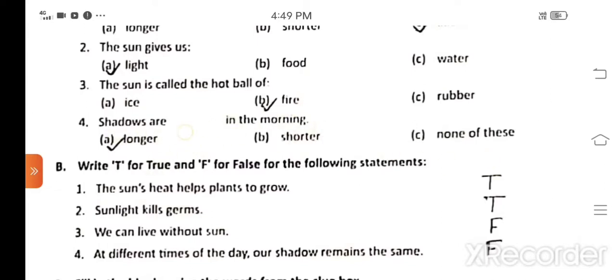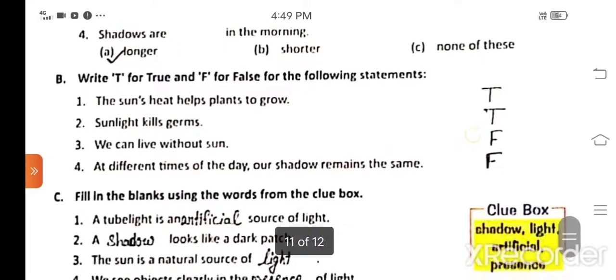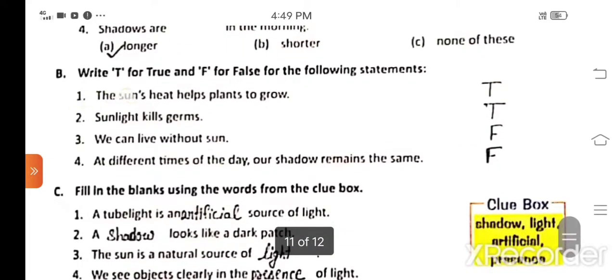So write here longer. Okay, now some true false are there. Write T for true and F for false for the following statements. The sun's heat helps plants to grow. Of course, the sun's heat helps plants to grow. Sunlight kills germs. Yes, this is true. We can live without sun. No, we cannot live without sun.